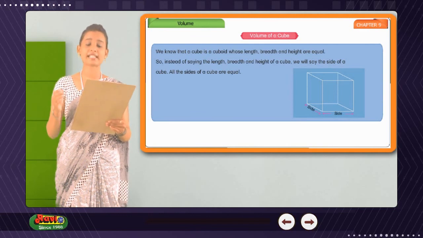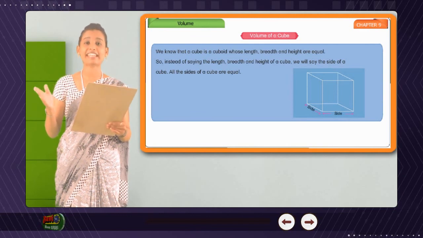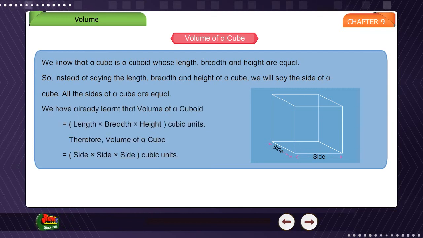All the sides of a cube are equal. We have already learnt that volume of a cuboid is equal to length into breadth into height, cubic units. Therefore, volume of a cube is equal to side into side into side, cubic units.